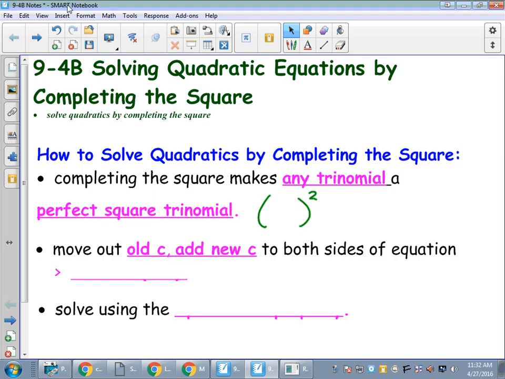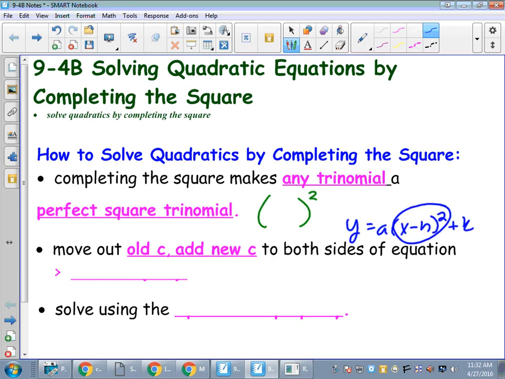When we had to complete the square in vertex form, if you remember, we used it to get this quantity squared. That's how we came up with that quantity squared. We are doing that same process. Back when we did that, the new perfect c is half the b value squared.